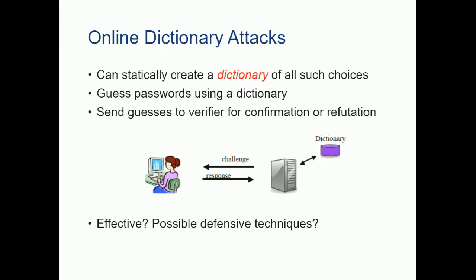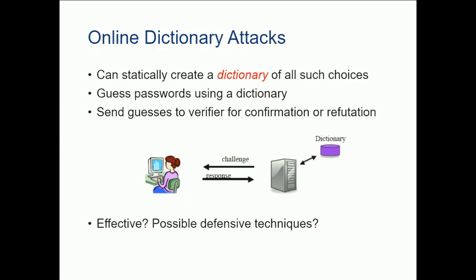I mentioned last time there are two types of dictionary attacks. The first one is called the online dictionary attack. Here the idea is that the attacker wants to impersonate a target user and guess his password to gain access to a remote server.